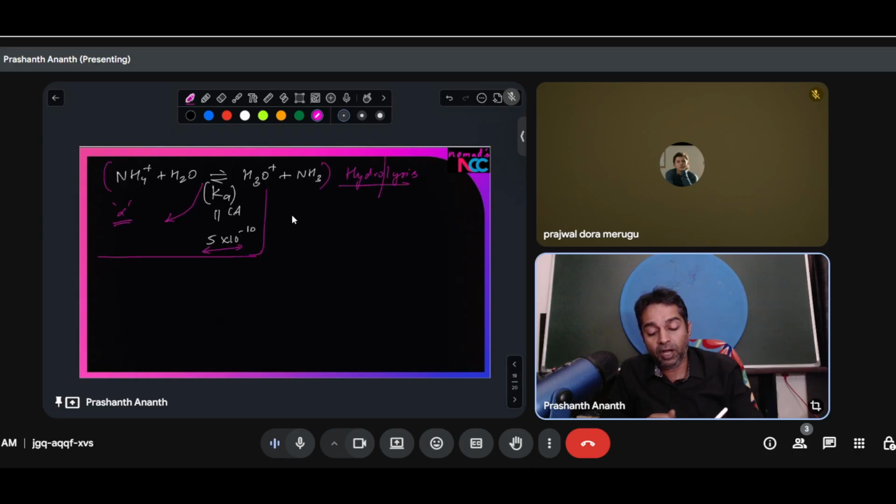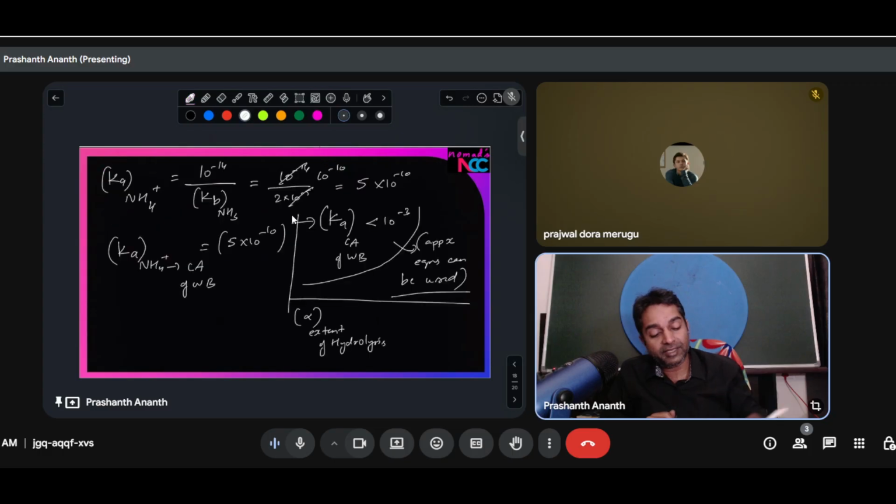So this can be called alpha of hydrolysis. Sometimes this is also mentioned as alpha for the hydrolysis of salt of, in this case, weak base and strong acid. So this alpha here is the extent of hydrolysis. We can calculate this as square root of Kb by C.